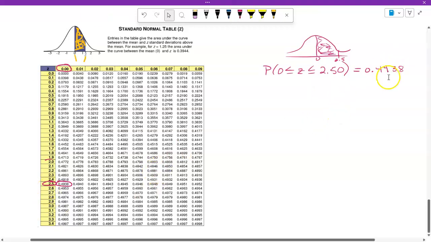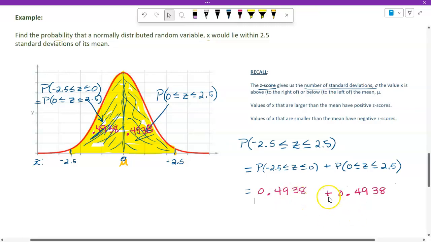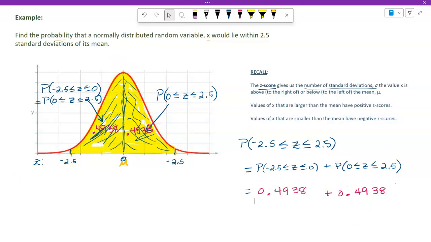Let's go back up and just remember 0.4938. So we know that we have 0.4938, and over here, since it's symmetrical, we have the symmetry, 0.4938. Go ahead and add those up, and you'll get the total area that we're looking for.